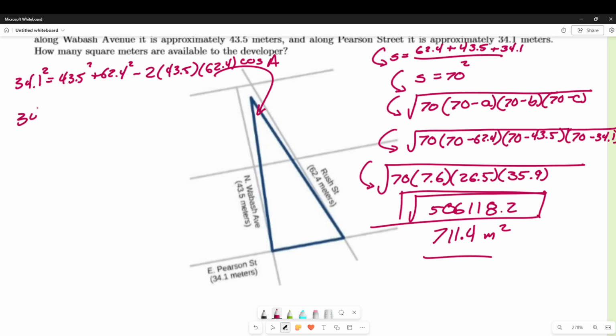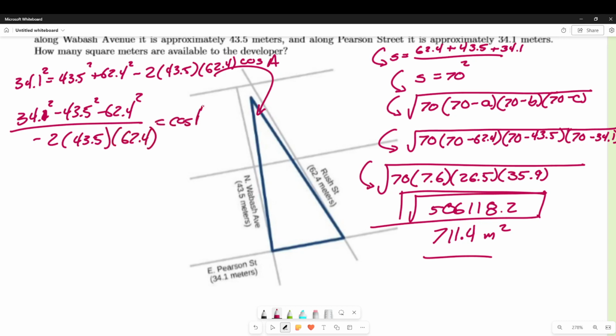So 34.1 squared minus 43.5 squared minus 62.4 squared divided by the negative 2 times 43.5 times the 62.4 is the cosine of A. So A is the cosine inverse of whatever this ends up being.